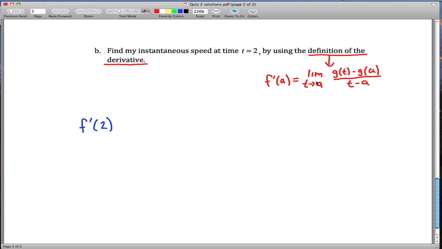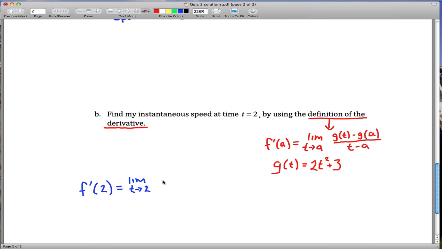So if f prime of a is equal to this, f prime of 2 is going to be equal to the limit as t approaches 2. A few people had that wrong, kind of a common mistake that I saw, of the limit as t approaches 2 of g of t, which I now have written down here so we can see it's 2t squared plus 3, minus g of a, but our a value is 2, so g of 2, see, that would be 2 times 2 squared. 2 squared is 4, times 2 is 8, plus 3 is 11.